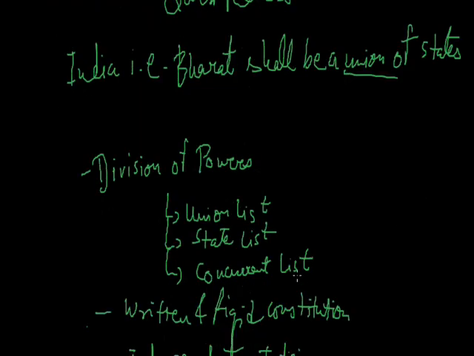Now the features of federalism are division of powers. How are these powers divided? Powers are divided on the basis of three lists. Union list, state list and concurrent list. The union list is the list on which the central government can make laws. The state list is the list on which the state government can make laws, and the concurrent list is the list on which both the central and state governments can make laws, but in case of any dispute, the central government has an upper hand.